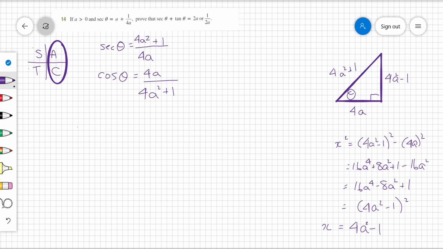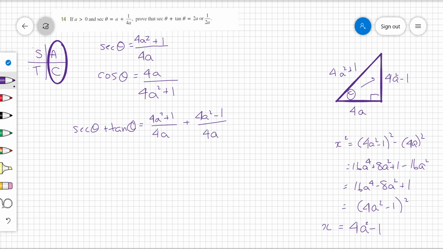So we already have sec theta, and we're adding tan theta. So our sec theta, which we were given, plus our tan theta, opposite over adjacent, so opposite is 4a squared minus 1, over the adjacent, 4a.